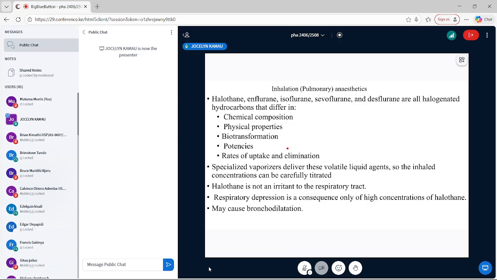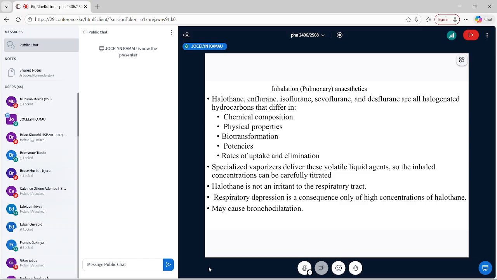We classified those given by inhalation and those given through the intravenous route, not as their mode of action, but mode of administration. Then, as per their nature, are they volatile or non-volatile? Of course, the classification has some intersection, but we're able to look at the various classes.